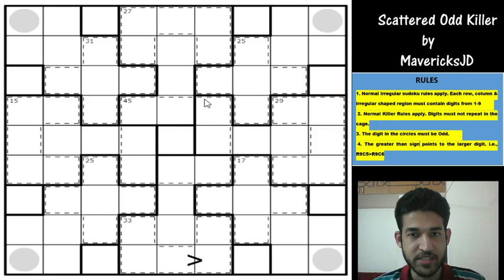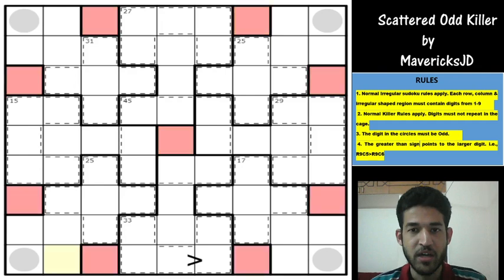One thing that follows is that all these 9 single cells, because the entire grid contains 9 sets of 1 to 9, and the 8 irregular regions take 8 sets of 1 to 9, these single cells will also take the digits from 1 to 9, to preserve the balance.